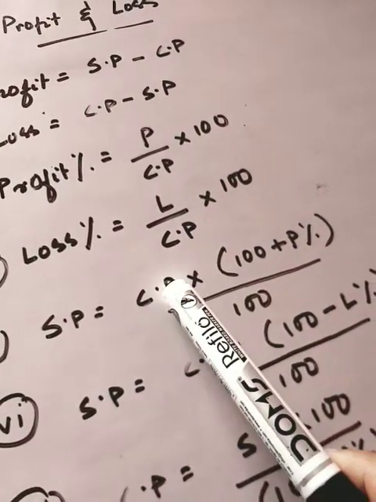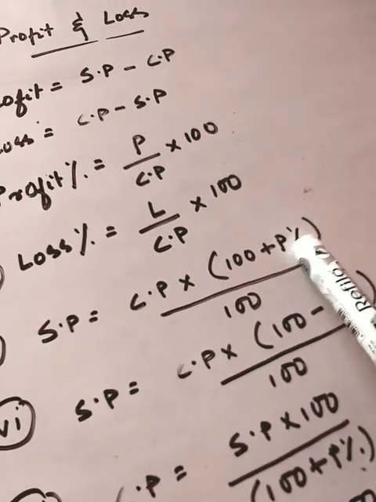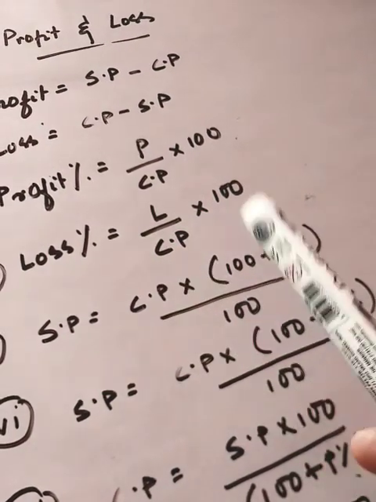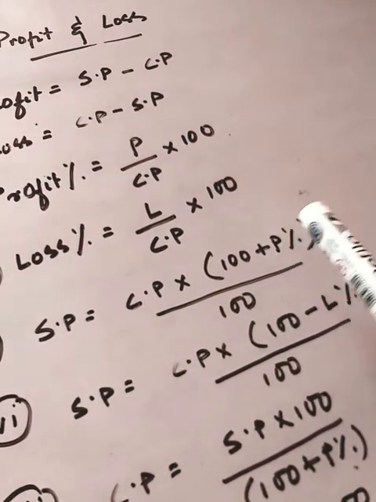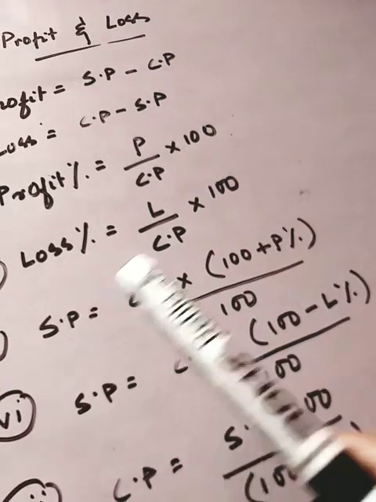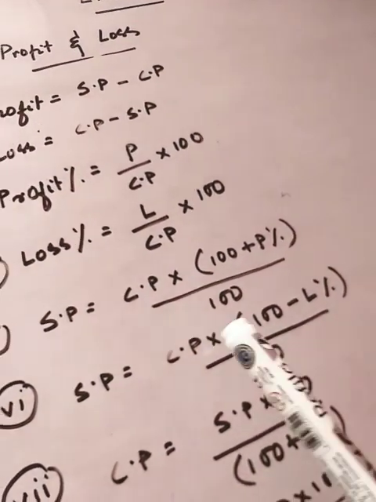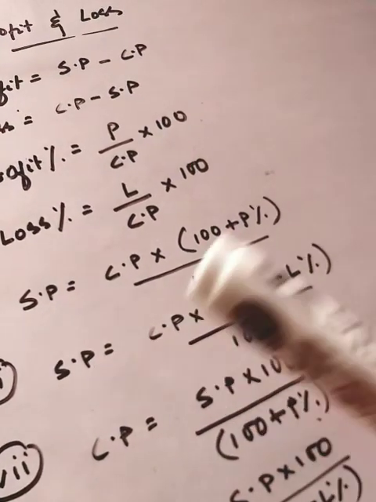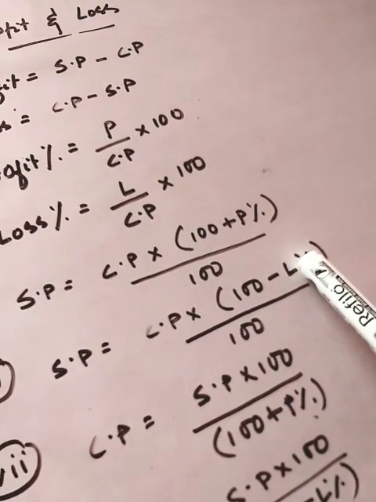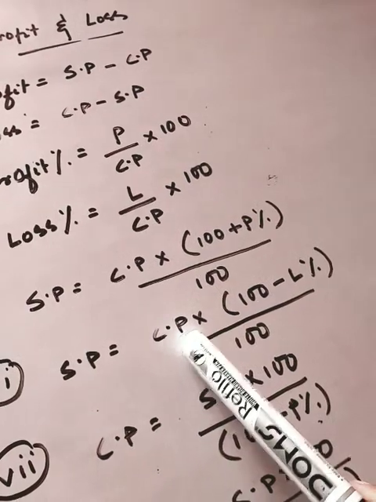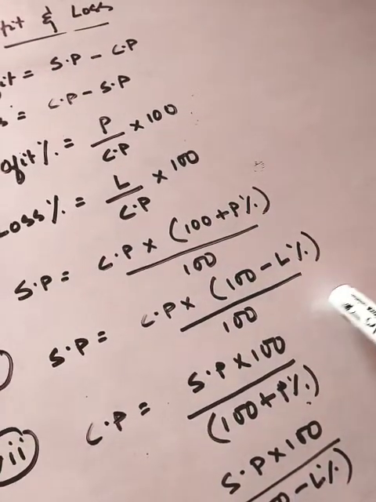Suppose the cost price and profit percent are given in the question. Suppose the cost price of any material and the profit percent of any businessman are given, and they are asking you to find the selling price, then we have to use this formula. I will show you. If in any problem sum, loss percent and CP are given, then you have to apply this formula.